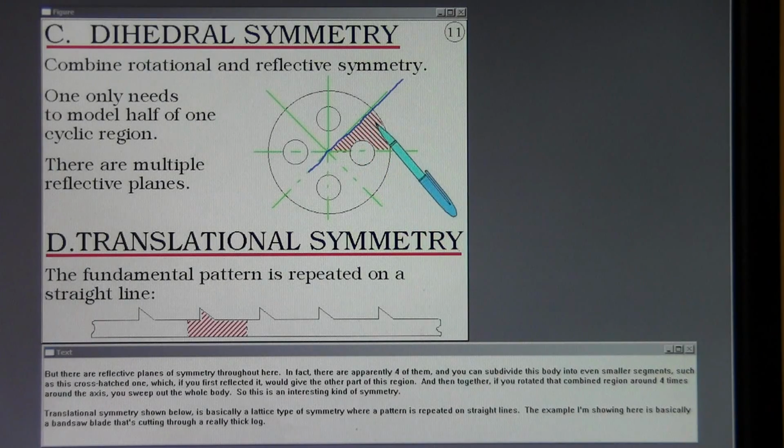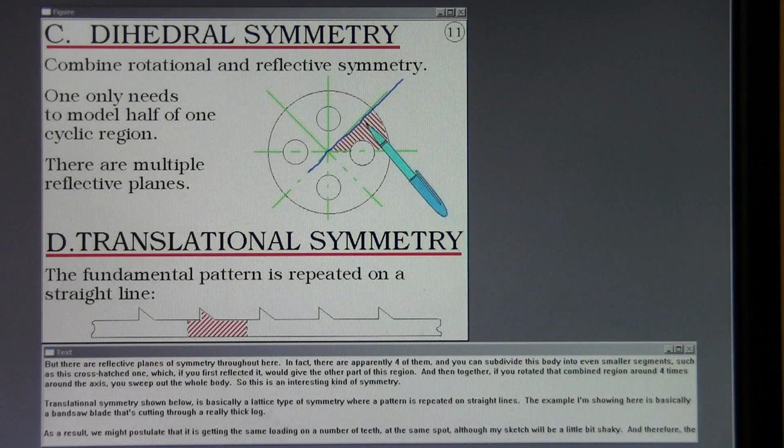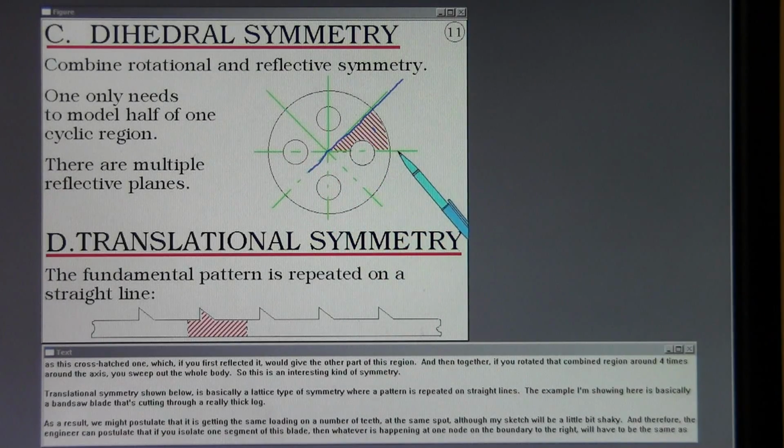And you can subdivide this body into even smaller segments, such as this cross-hatched one, which, if you first reflected it, would give the other part of this region. And then together, if you rotated that combined region around 4 times around the axis, you sweep out the whole body. So this is an interesting kind of symmetry.